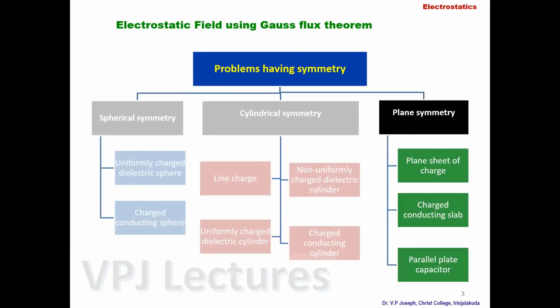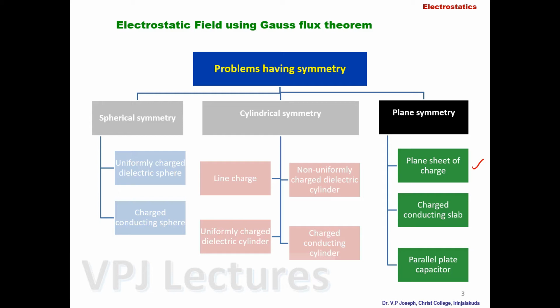The different problems that we are going to discuss here: the first one is a plane sheet of charge, that is a plane sheet of infinite extent, a positive or negatively charged sheet.